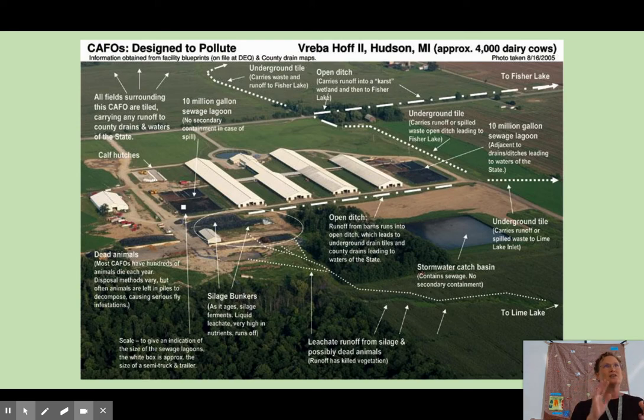This is a picture of a CAFO in Missouri, and it goes through all the different places where they catch the feces from the animals, where they kill the animals, and where they put the remains of the animals, because a lot of the animals aren't food, they're bones and different things. So they try to reuse it, and they try to do this all in a regulated way, but it has a lot of environmental problems to it.